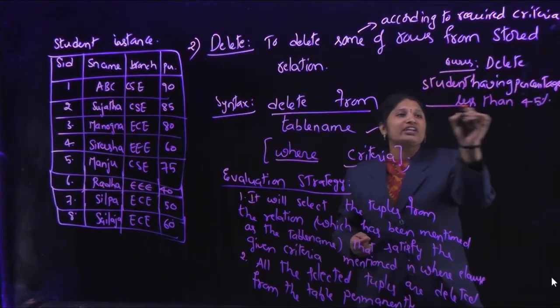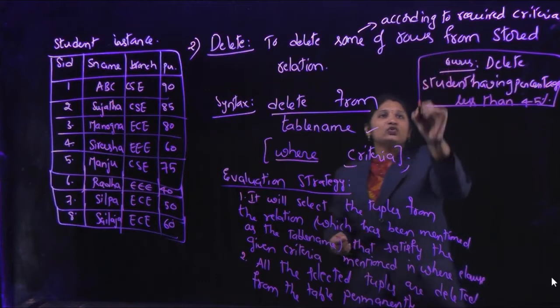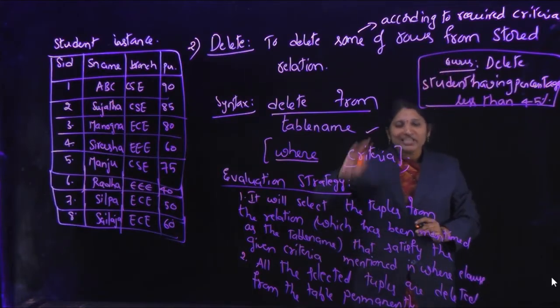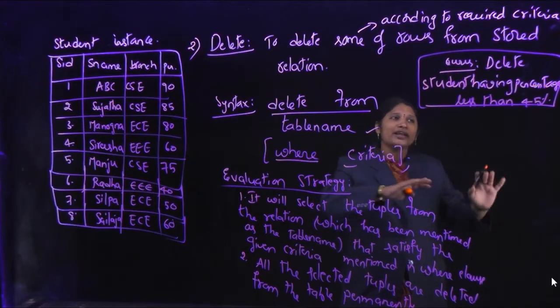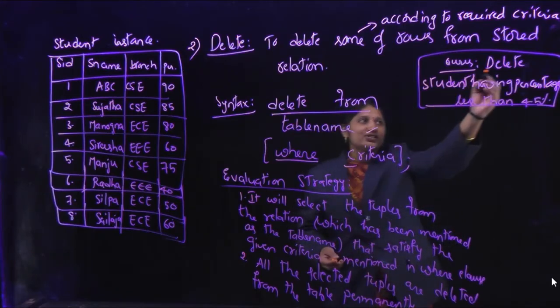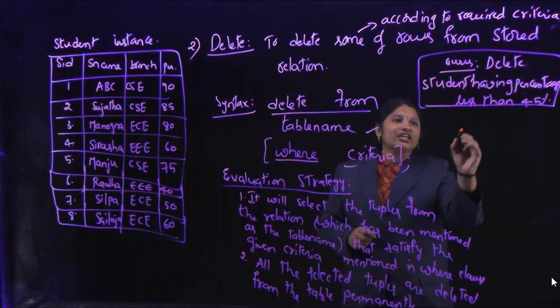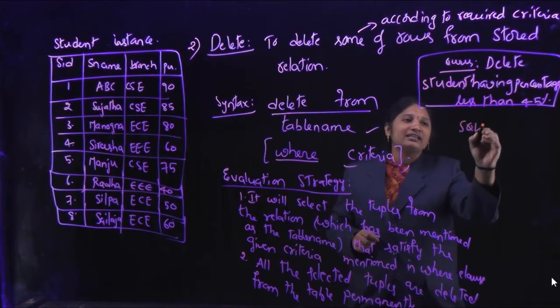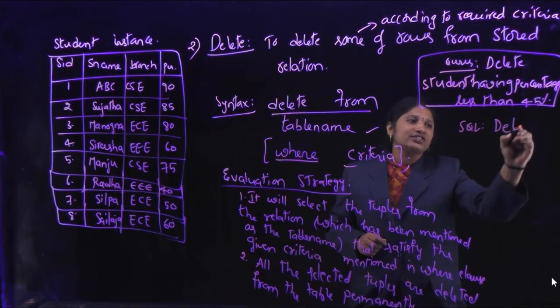So what is the query that has been given by the user? They want to delete the students who have a percentage less than 45. So what is the operation they want to do? Delete. So I can use the command delete.